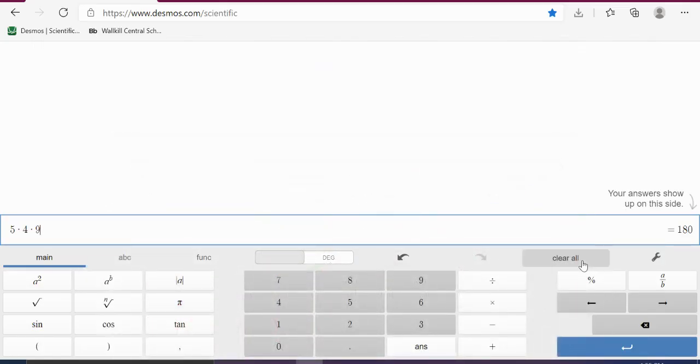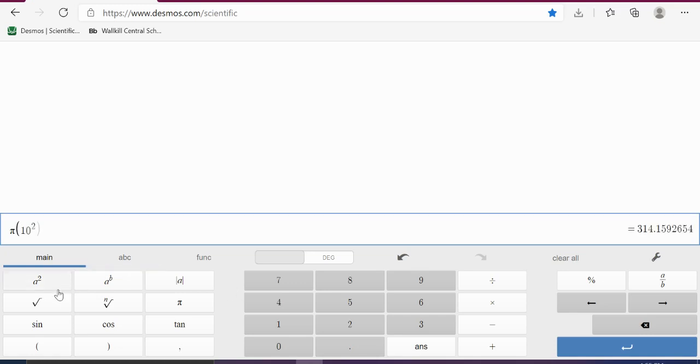So we have pi, parentheses 10 squared. Definitely helps to put in the parentheses just like how I did it, times 15. And you get 4712.38. I'm rounding to the nearest tenths. I look after the 3, it's an 8.